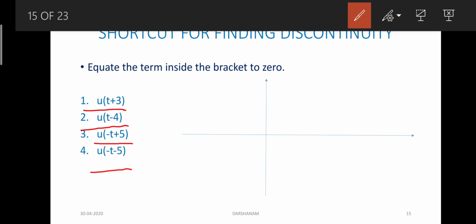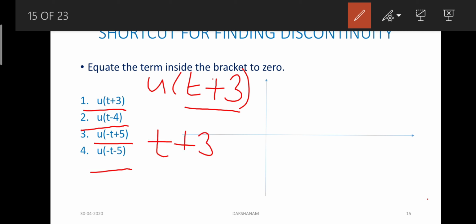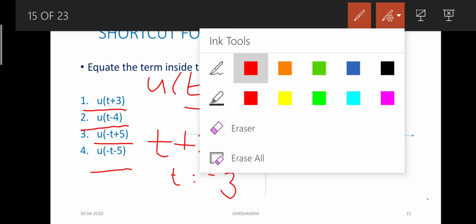First take u of t plus 3. For finding where the discontinuity is, let's equate the term inside the bracket to 0, that is t plus 3 is equal to 0. Then t equals minus 3. So for u of t plus 3, the discontinuity is at minus 3.